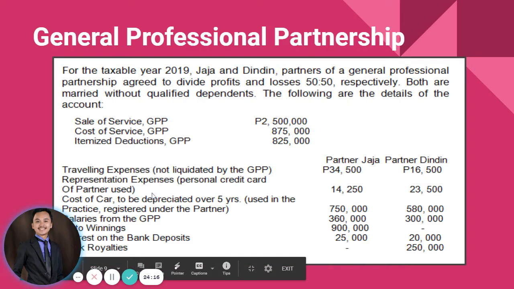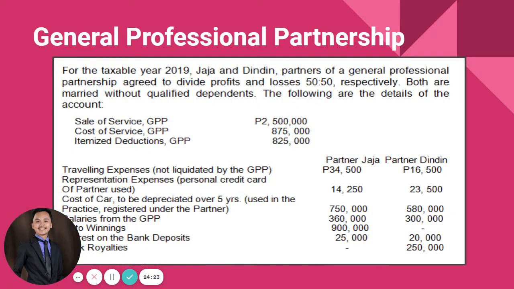Okay, the tax code, guys, clearly gave examples of the expenses that can be claimed even when not disbursed or reimbursed by the partnership. Examples of these are the representation expenses incurred by the partner, where the covering invoice or receipt is issued in his name, but again, it is part of the business operation. Traveling expenses while away from home, which were not liquidated by the partnership, and depreciation of a car used in the practice of profession where said car is registered in the name of the partner, and any other similar expenses.